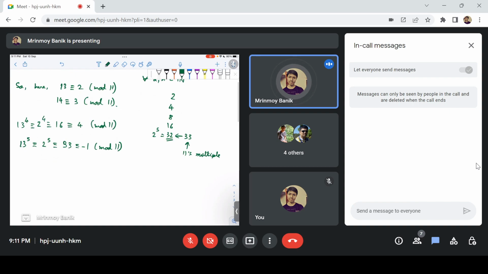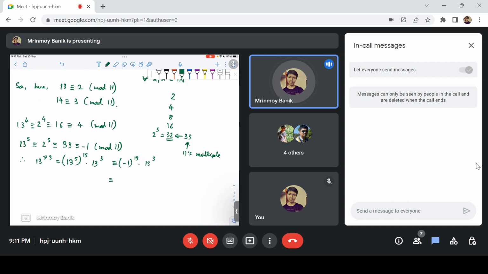So now we can write 13 power 73 as 13 power 5 whole power 14, up till 70, times 13 cube. So that's congruent to minus 1 power 14 times 13 cube.